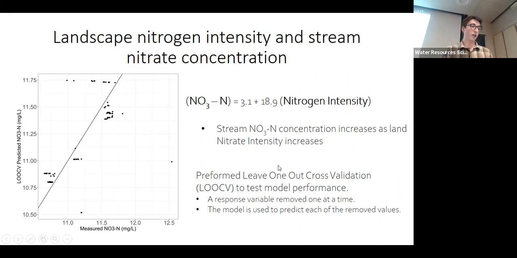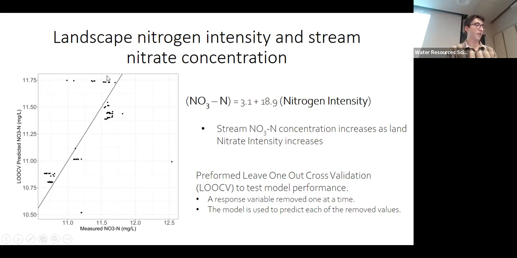So this simple model here. Basically what happens is the response variable is removed one at a time, and then the model is used to predict that response variable. And this figure on the left is showing that comparison of what we've measured in the stream and what we can predict with this simple model of nitrate concentration explained by nitrogen intensity.